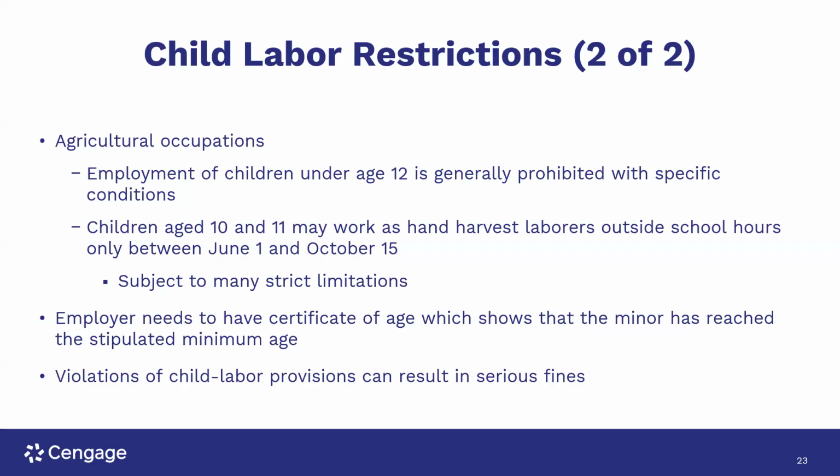Employing children under age 12 is generally prohibited, but there are exceptions. The employer needs to have a certificate of age, which shows that the minor has reached the stipulated minimum age, and there are serious fines that can result from violations here.